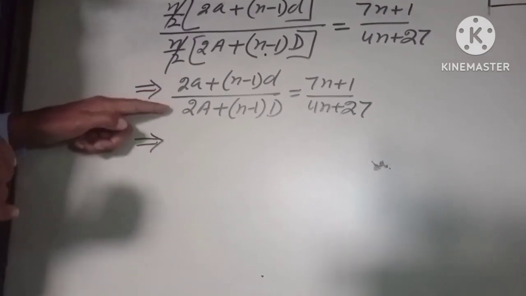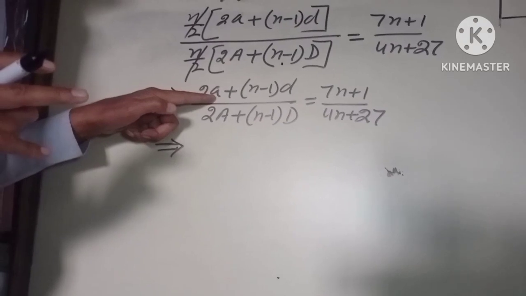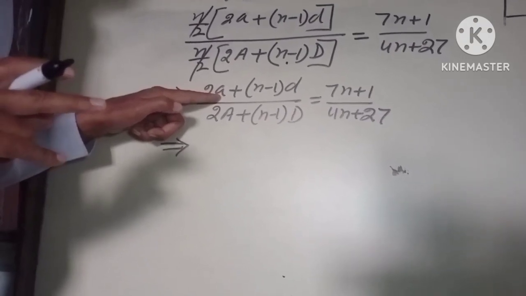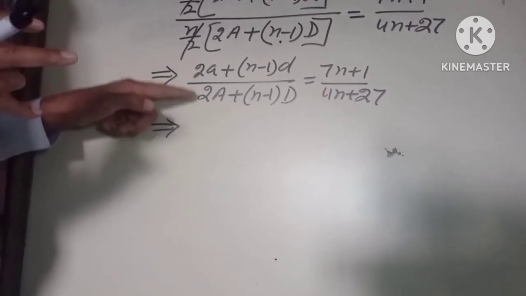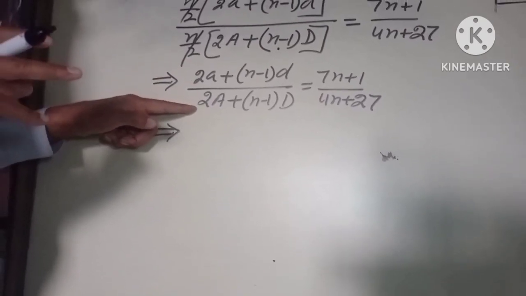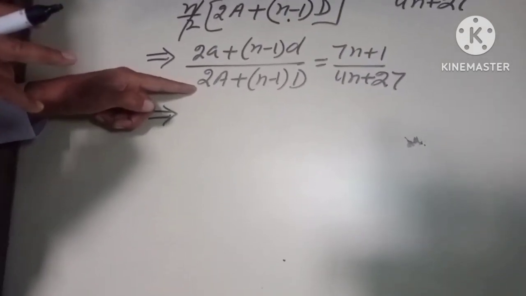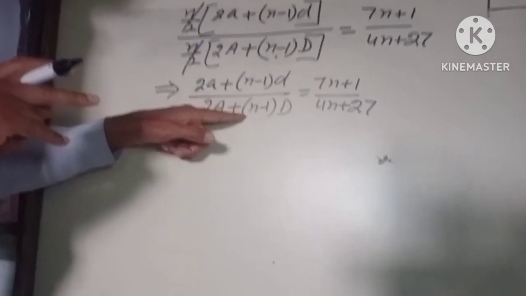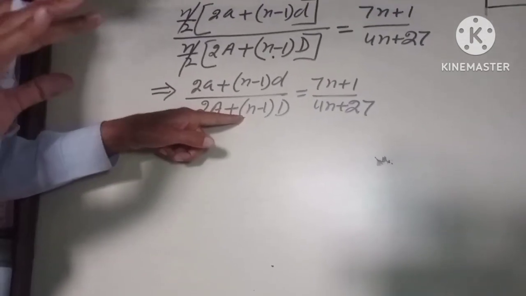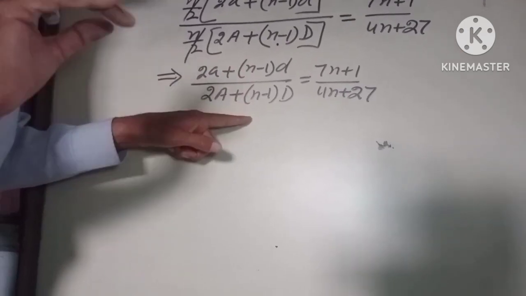Now comes the problem. We need to have a, but we have got 2a, and do not commit the mistake of cancelling this with this. It cannot be cancelled. You could have taken common in case you had 2 here, but you don't have 2 here. In that case, what we do is divide the numerator as well as the denominator by 2.